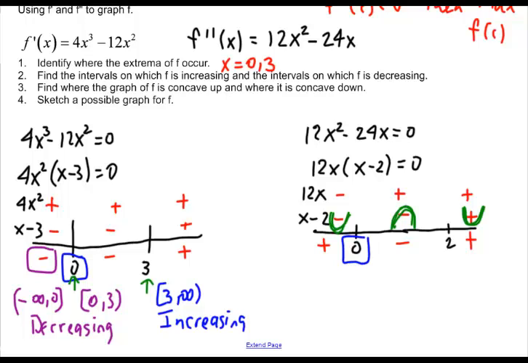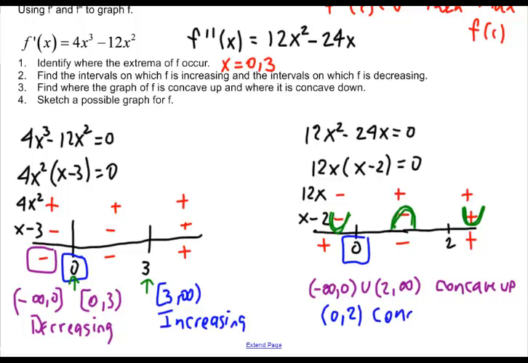Well, we're concave up from negative infinity to 0, and we're concave up from 2 to infinity. What about concave down? Well, we're concave down from 0 to 2.